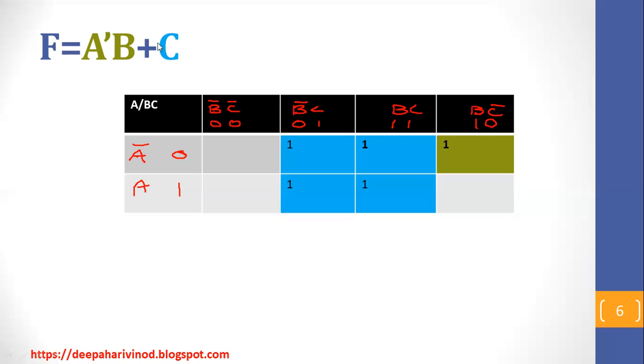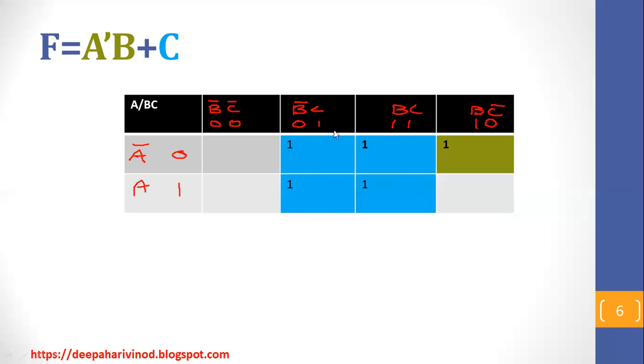And next is C. We already know that in case of a three variable K map, if we have one variable, we have to fill it with four ones. So C, find it out. A bar, it is here. So don't bother about the row. Only find it column wise. C means in these two columns.